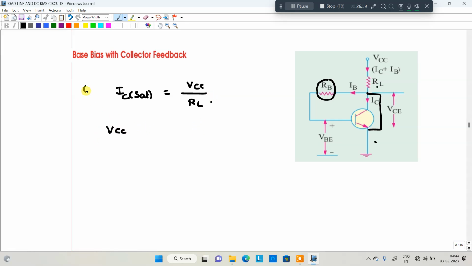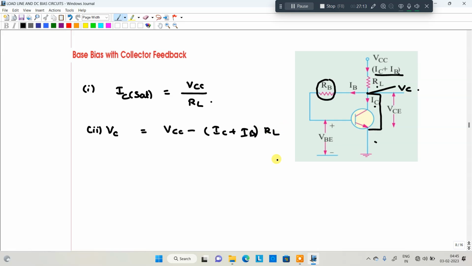This is for saturation. Next, what about the VC formula? I am talking about VC first. VC is equal to VCC minus the current, which is a combination of IC plus IB. IC current plus IB current is the load current. So VC is VCC minus IC plus IB into RL.